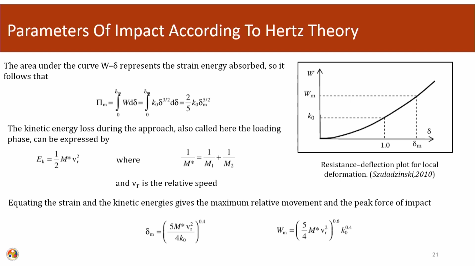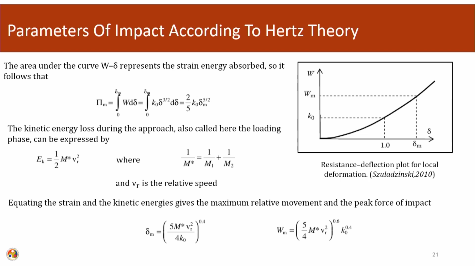Okay. The area under the force deformation curve represents the strain energy absorbed. Okay. So, we can simply write the strain energy as the integral or the area over this contact force. Okay. So, the strain energy we can express in terms of the relative stiffness and the deformation that is occurring in the body. Okay.